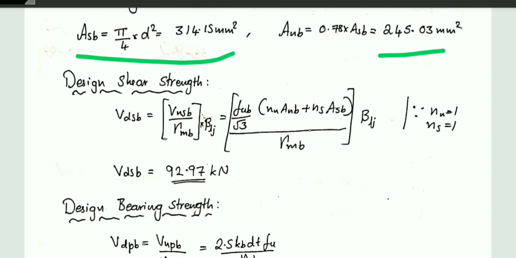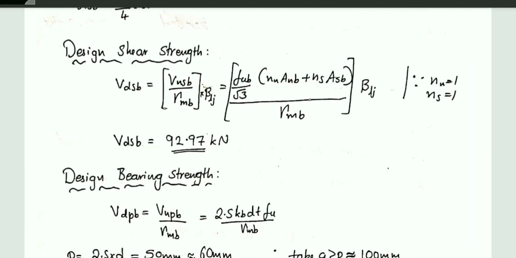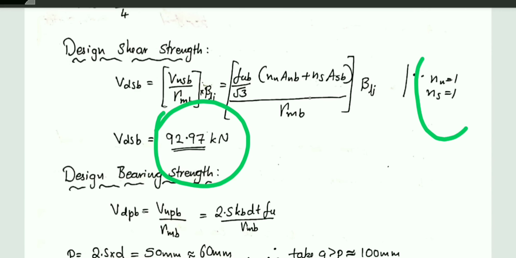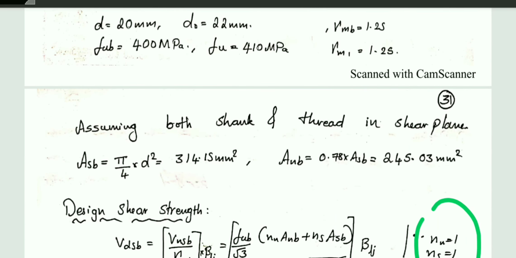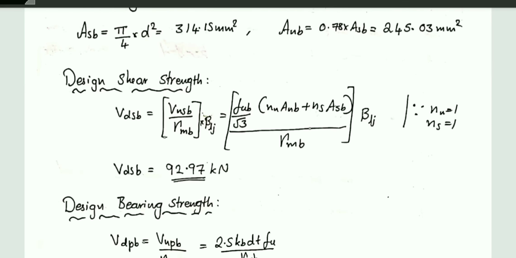For calculating the design shear strength, Vdsb is Vnsb divided by gamma mb into beta Lj. By substituting all the values, you will get 92.74. nn and ns both become 1, since we have assumed both shank and thread in the shear plane.